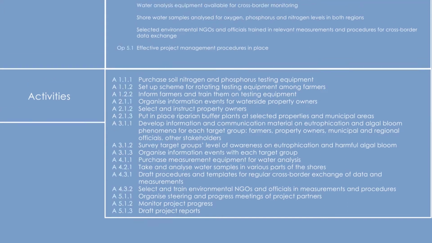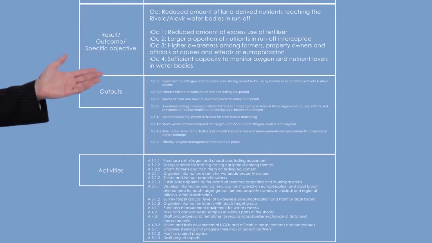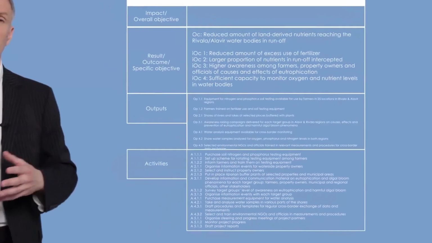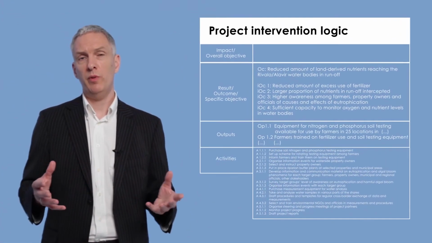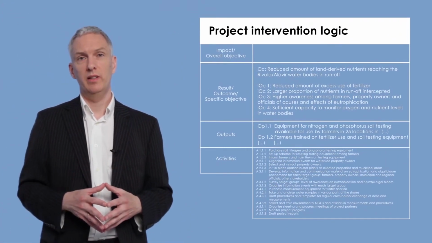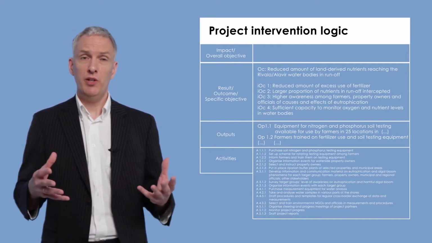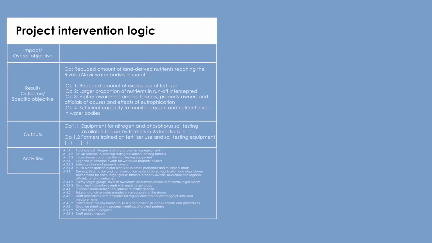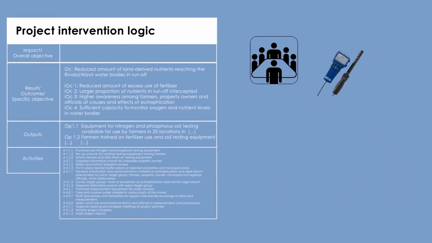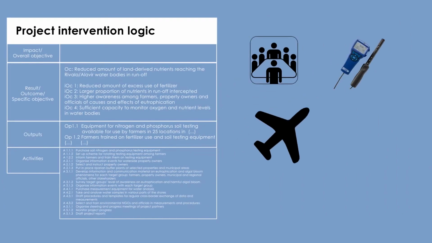They number the activities, outputs, and results in such a way that the reader will understand which ones belong together. For each of the activities, they then brainstorm the inputs needed in terms of staff, supplies, travels, organizational facilities, etc.